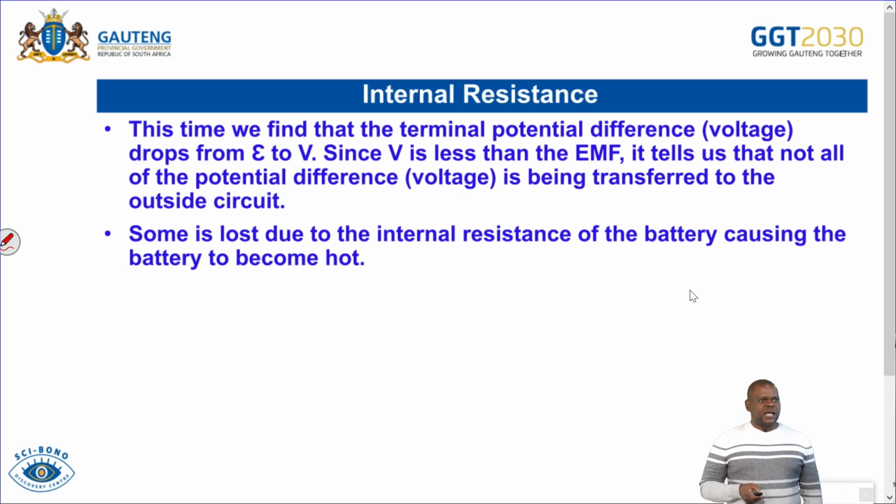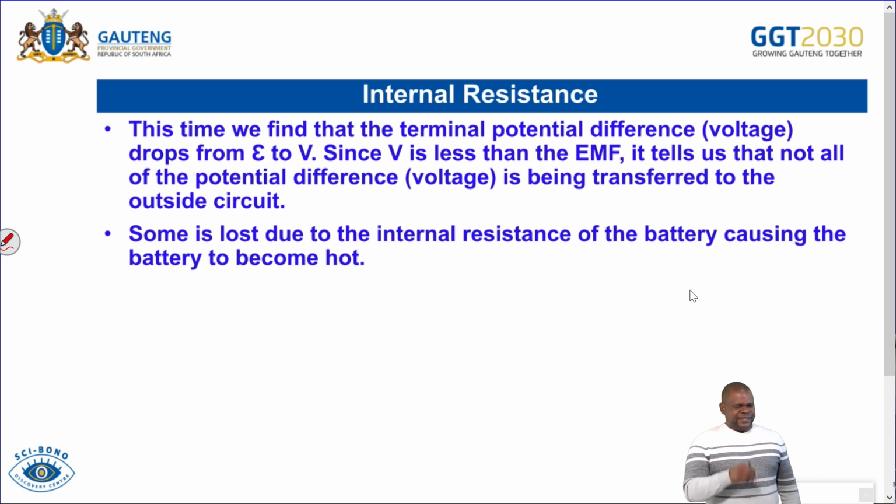Some is lost due to the internal resistance of the battery, causing the battery to become hot. Often when you use a cell in a circuit, after a while when you touch the cell, it feels a little bit hot.